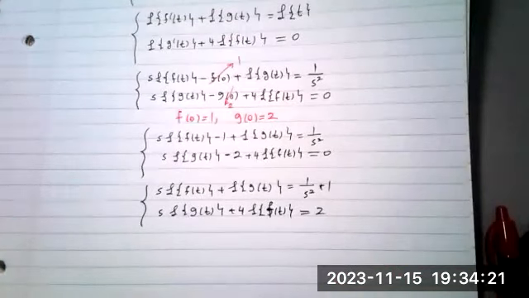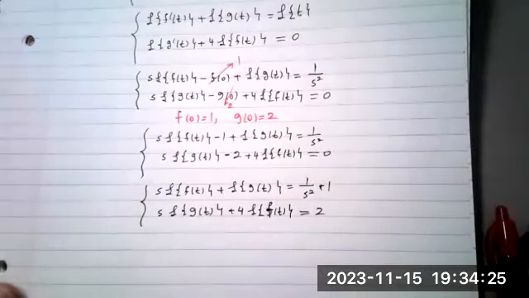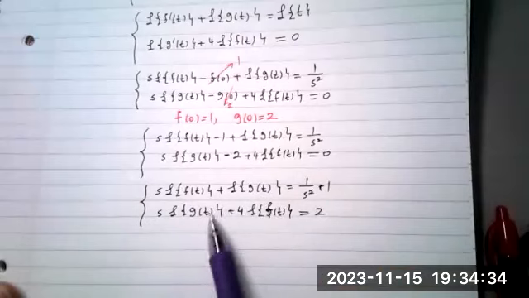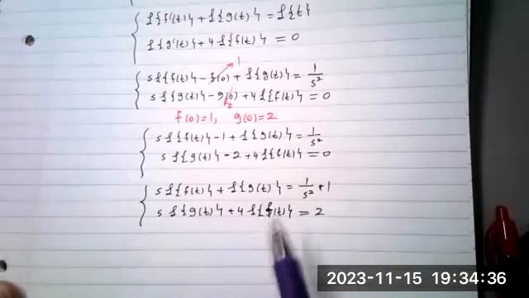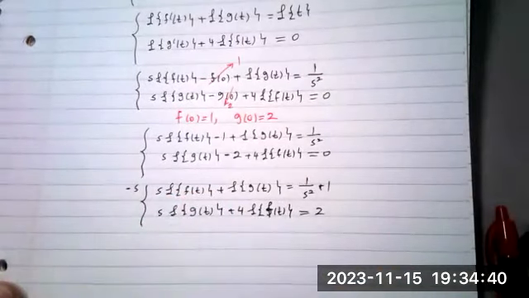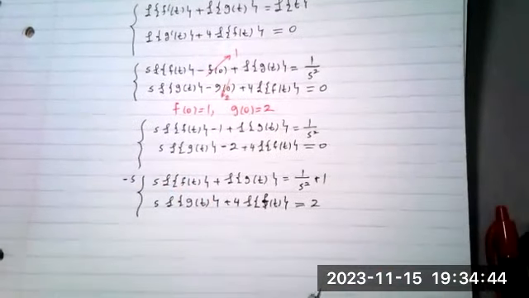It doesn't matter, both of them are going to be the same if you want to eliminate. If you want to eliminate the G, we need to multiply the first one by -s. If you have -s, then the G will disappear, and we'll be able to do the job.